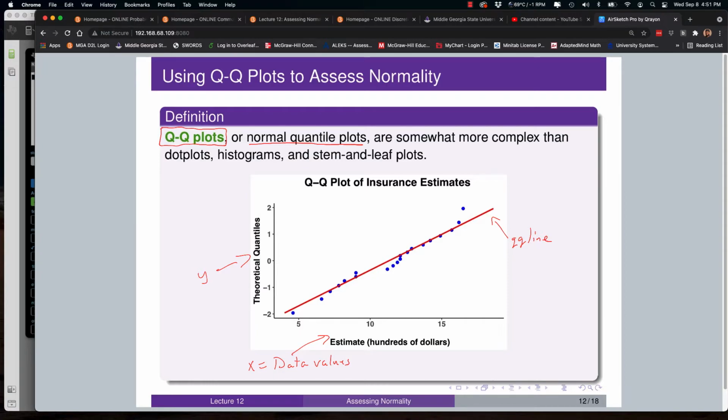They'll find the first and third quartiles for the data set, and then use the actual normal z-scores for the first and third quartiles of a truly, perfectly normal data set, and they'll find a slope and an intercept to create this line. The points need to fit as close to that line as possible, and if they do, then you can assume your data set is approximately normal.